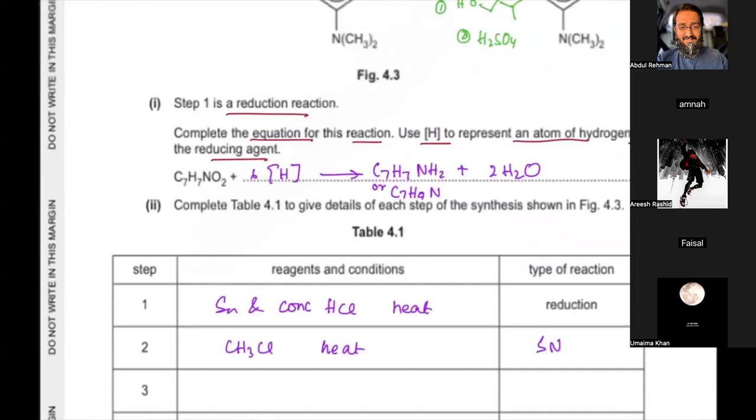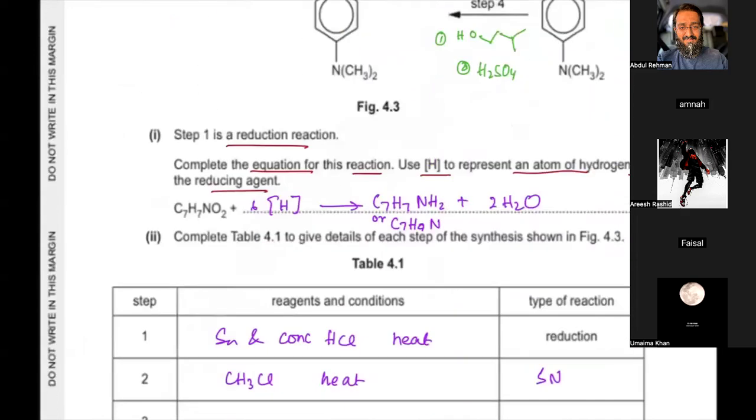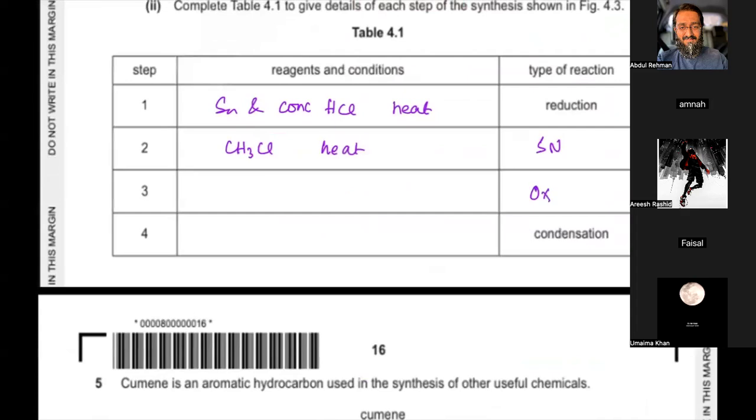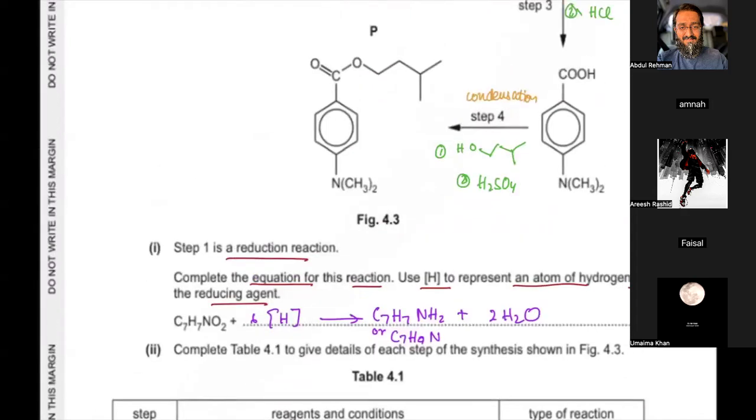In reaction 3, it's oxidation. So alkaline manganate and then HCl and heat under reflux.